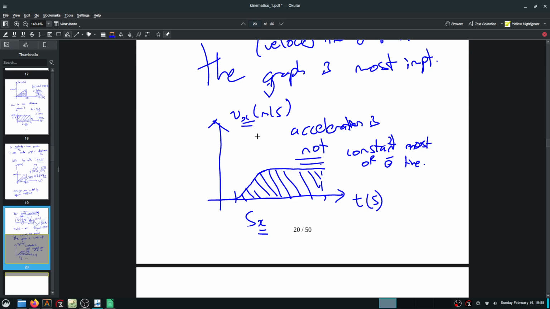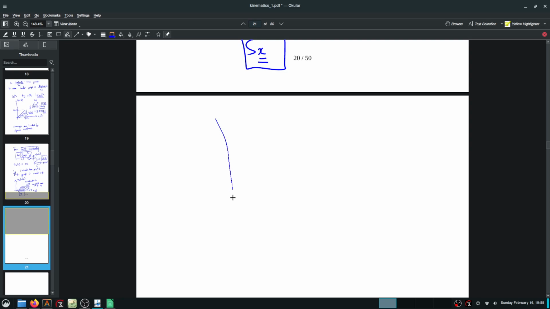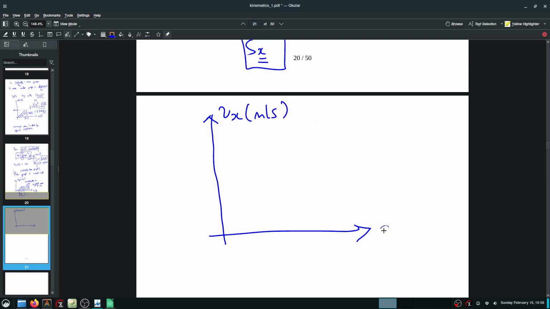So if velocity is not constant most of the time, you will need to find other ways to find the area under the graph in order to find Sx. Now, how do you calculate that? That will be for more complicated situations.